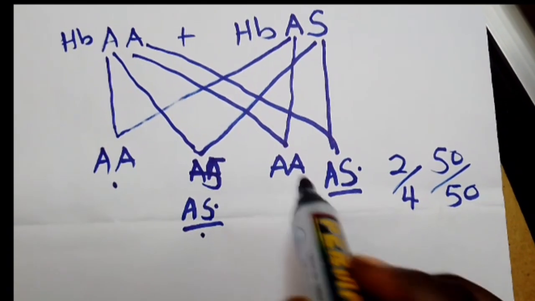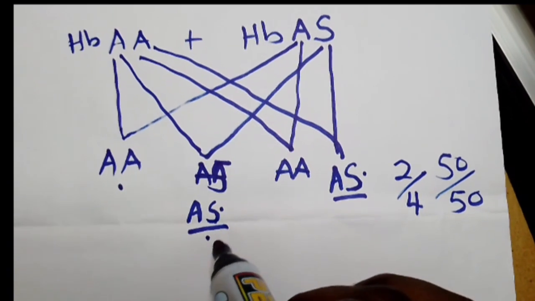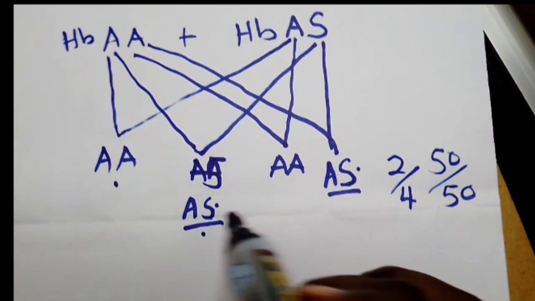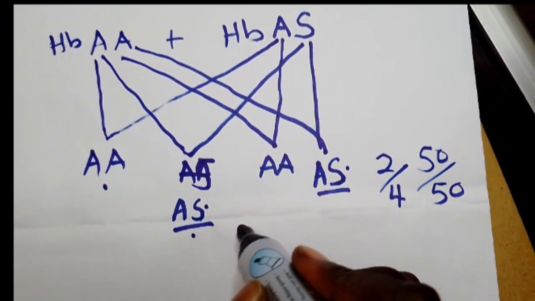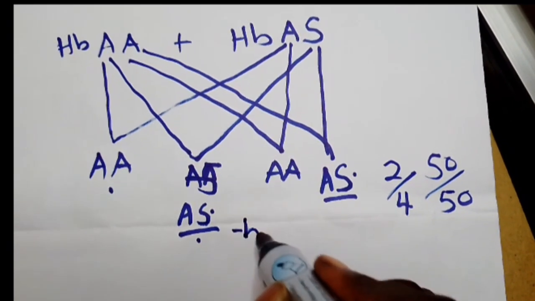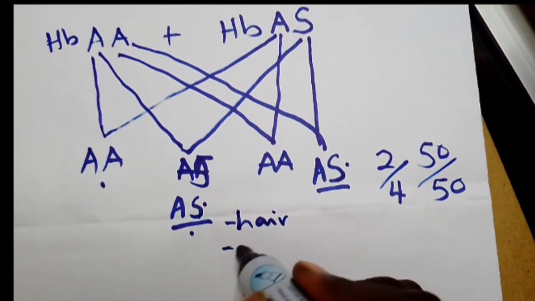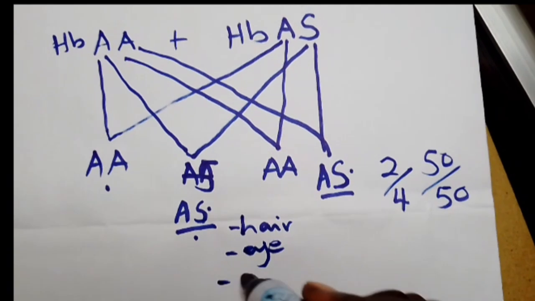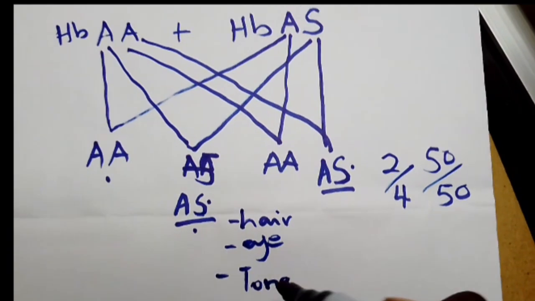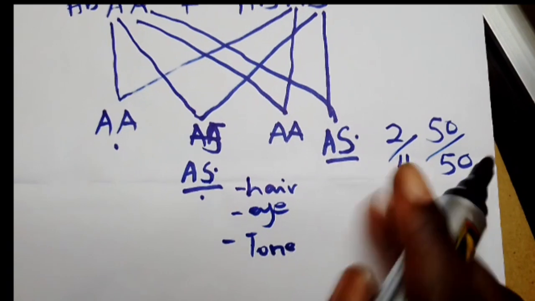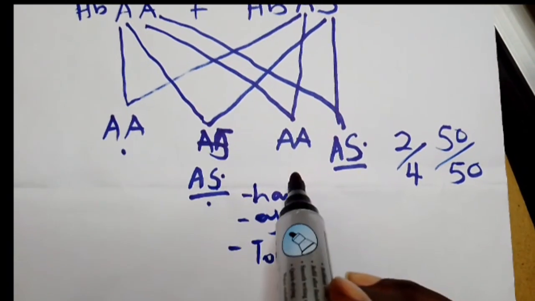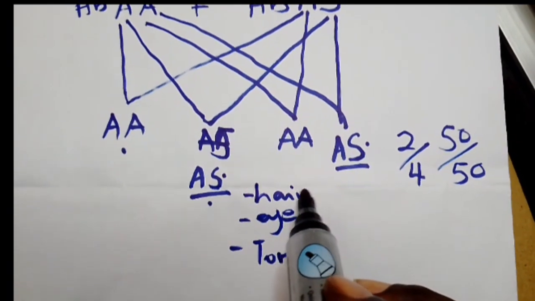What determines this? Trust me, I have no idea. It just happens, just like you have no idea why you took your hair color or your eye color or your skin tone. It really just happens. These chances apply at each pregnancy.